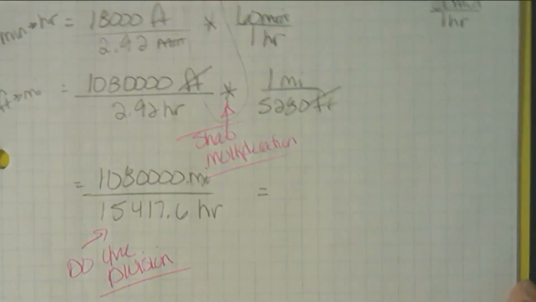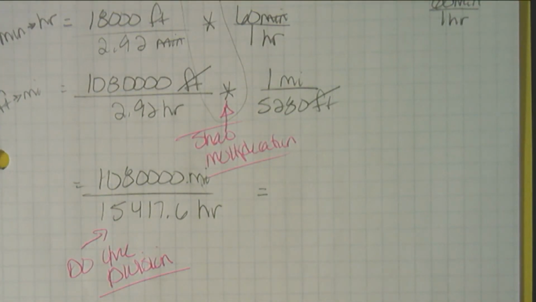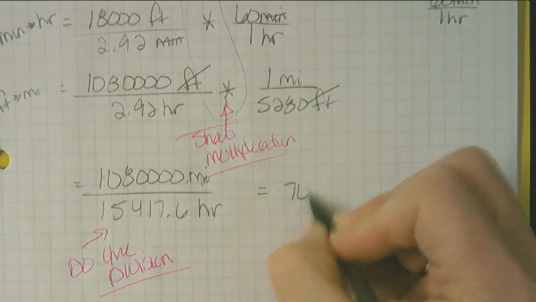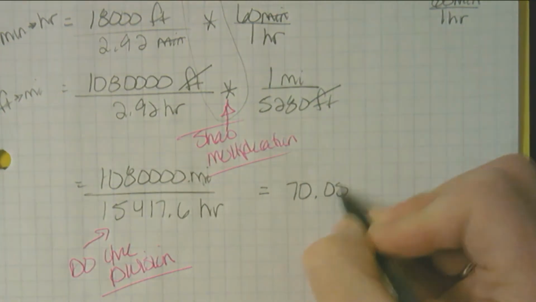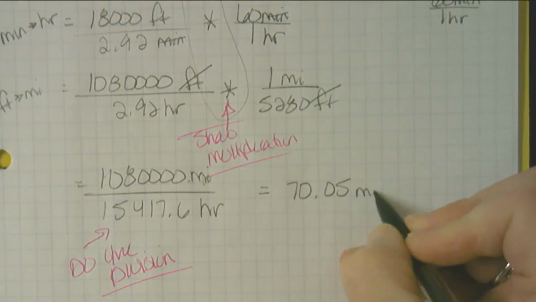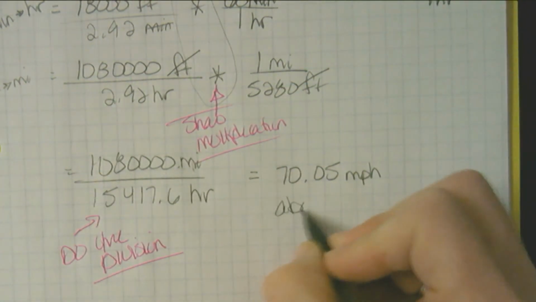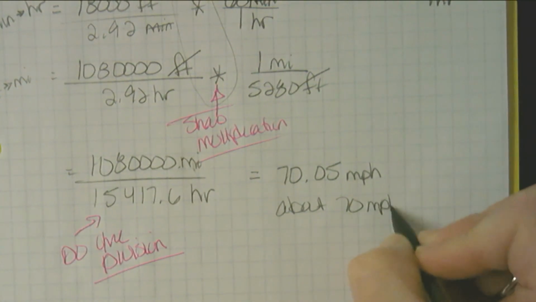What did you guys get as your speed in miles per hour? Ava? Yes. Yeah, 70.05. So this would be miles per hour. Probably I would just say about 70, right? Would you agree? Yeah, so I would say about 70 miles per hour.